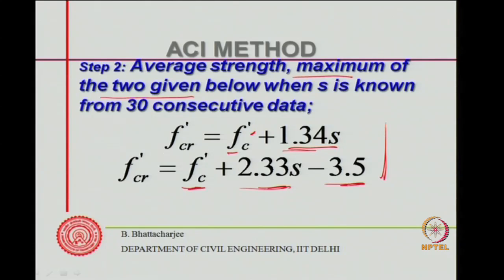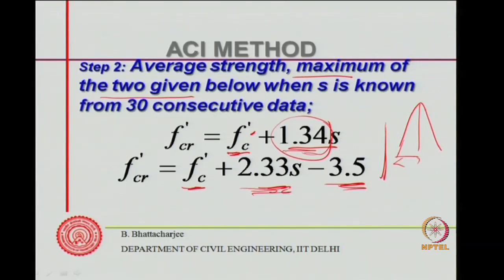So, average strength is minimum strength plus 2.33 S, that is, again from that normal distribution curve. So, 2.33 S to cover a specific percentile. In the earlier case we had 1.65 to cover 95 percentile, right. That means only 5% would be showing strength less than this.